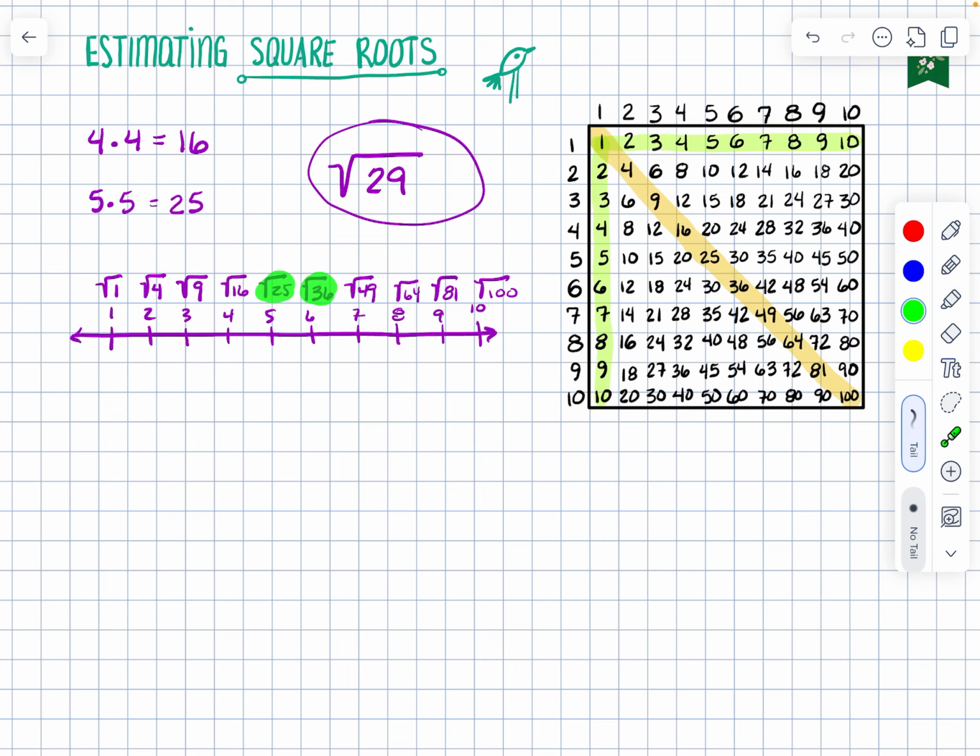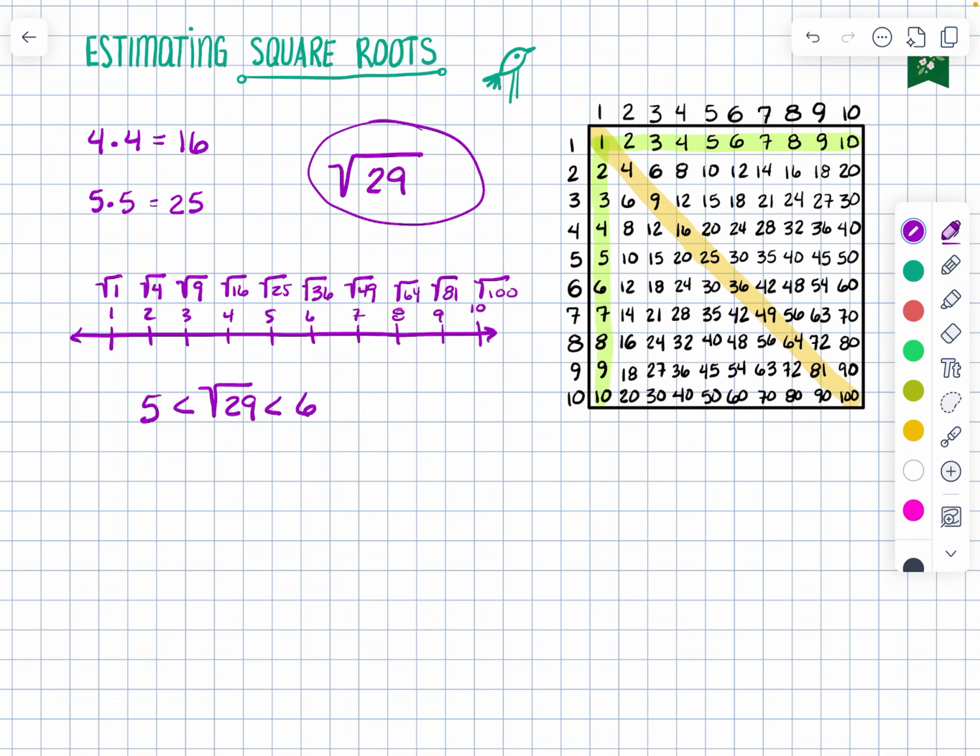So it's going to be less than the square root of 36, but greater than the square root of 25, which is between the numbers 5 and 6. So we can say the square root of 29 is between 5 and 6. It's less than 6, but it's greater than 5.